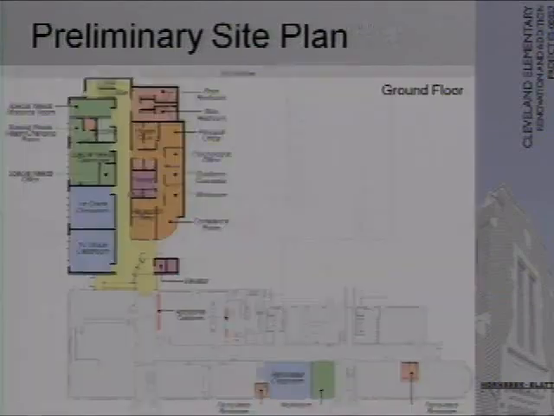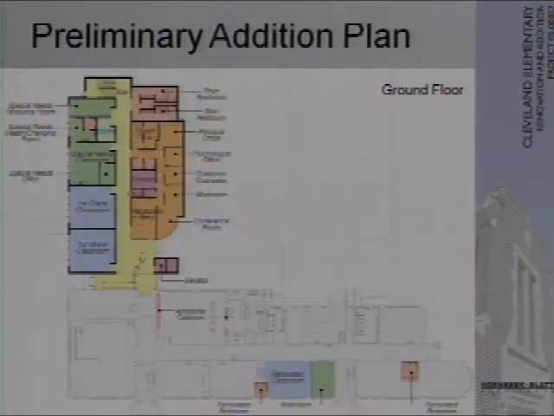So I'll go ahead and this is our proposed first floor of the addition, and you can see the pink area in the L shape is the elevator, and just north of that is our vestibule and new entry, proposed entry. We're going to be adding classrooms on the first floor. The new administration will be moving there, and where the existing administration in the old building will be renovated classroom.